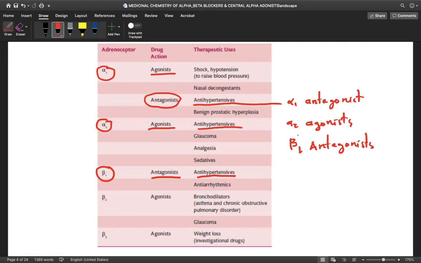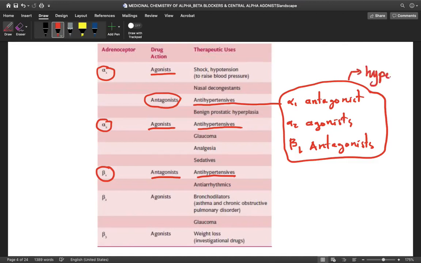Alpha 1 antagonists, alpha 2 agonists, beta 1 antagonists. These receptors, alpha 1, alpha 2, and beta 1, when targeted by the right compound, can have antihypertensive use. So if you have an antagonist that binds to the alpha 1 receptor, you can reduce blood pressure.